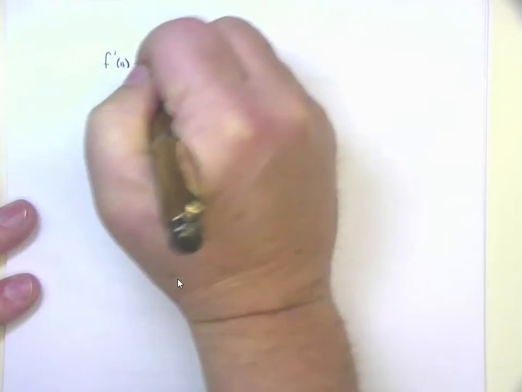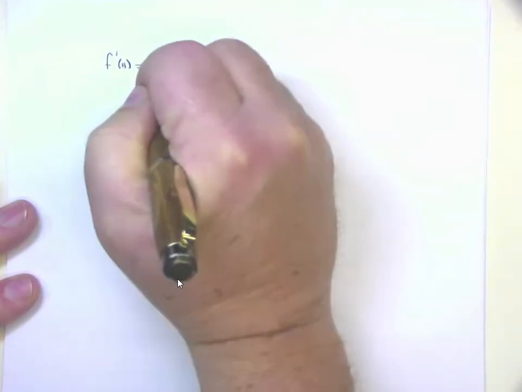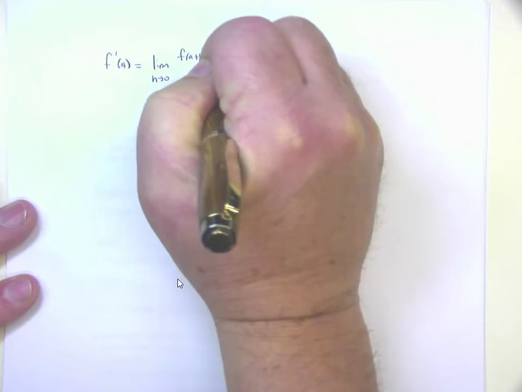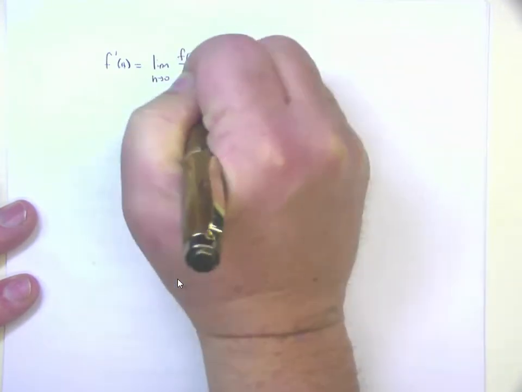F prime of a is equal to the limit as h approaches 0 of f of a plus h minus f of a, all over h.